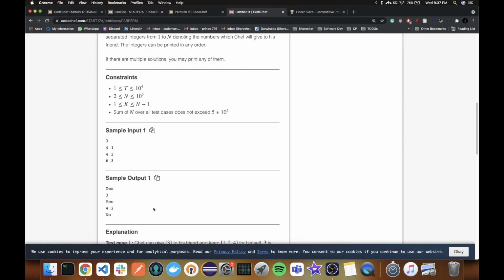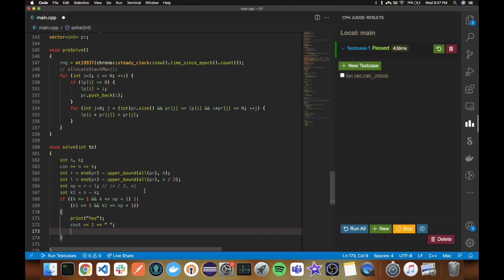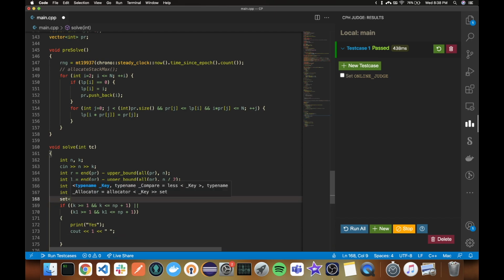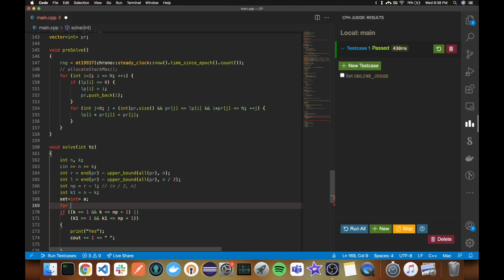Oh, because I have to print these numbers, that is why they are bounding it by this. Okay, so let's just store all the numbers we had.